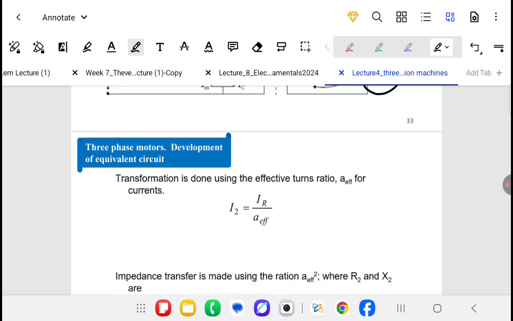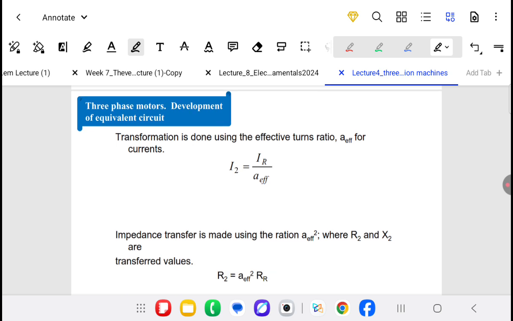For the transformation of the current, we have I2 by the transformation of the transformer. We have I2, which is the referred rotor current to the stator circuit, equals I rotor divided by the effective turns ratio of the induction motor, which is the number of turns of the stator divided by the number of turns of the rotor.